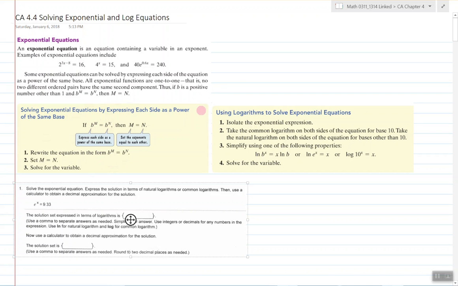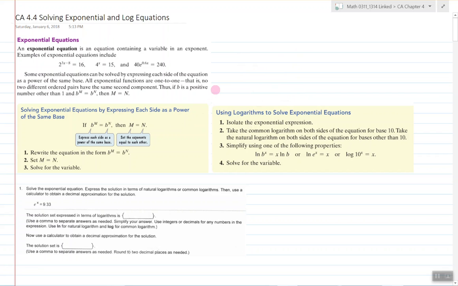Just as a quick example, if you had 2 to the x is equal to 8, because 8 can be written as 2 to a power, you could rewrite this as 2 to the x equals 2 to the third. If 2 to the x is the same as 2 to the 3, then x must be 3. But this condition must be met where both sides can use the same base. Just doesn't happen all that often.